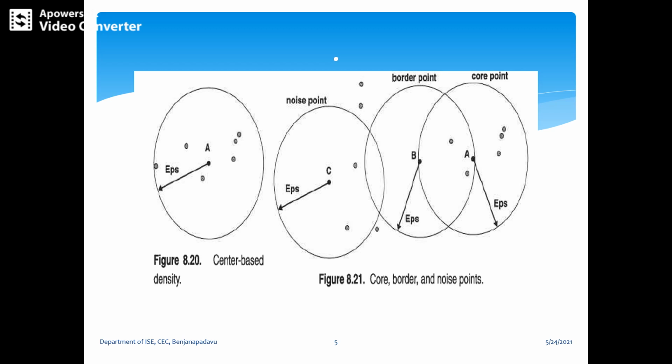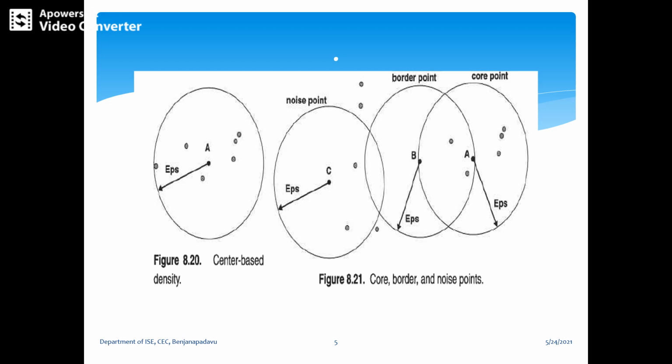Eps is the radius we had earlier, counting the number of points within the specified radius. A point is a core point if the number of points within its neighborhood, as determined by the distance function and the user-specified distance parameter Eps, exceeds a certain threshold, MinPts.